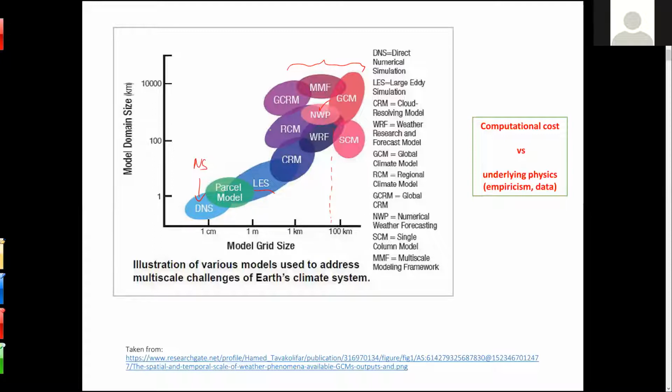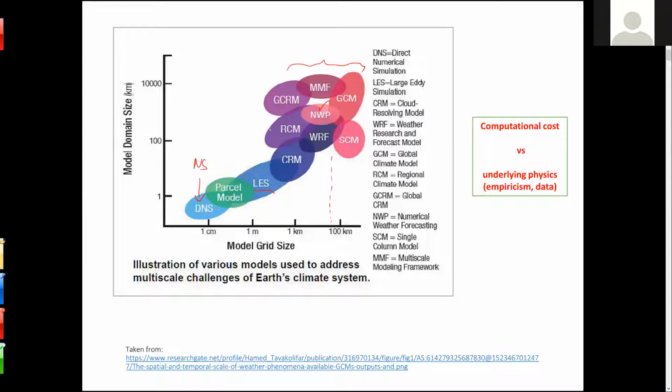So imagine the Earth, and if you want to make a model of the global climate, you need to divide the Earth into boxes of size 100 kilometers by 100 kilometers, and we know that over that domain, there are a lot of processes that move in a smaller space.